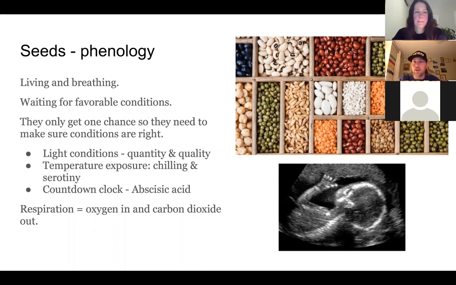So they just wait and wait and wait. And then hypothetically, if a windstorm comes through and knocks down a bunch of trees, and all of a sudden that quality of light goes from dark green to light green because now more light is filtering through, then they will sprout.